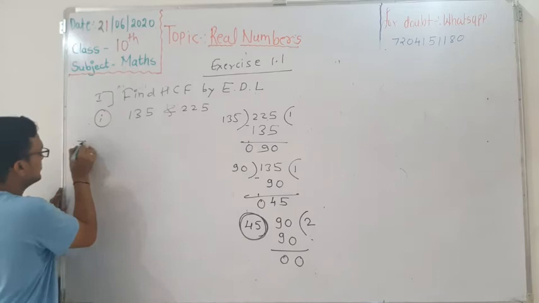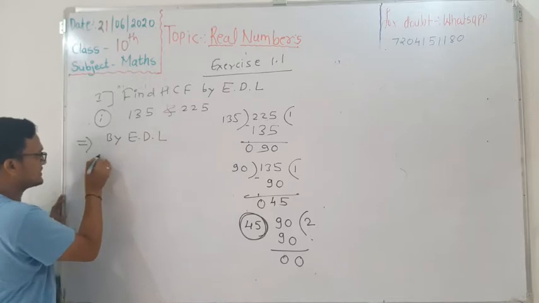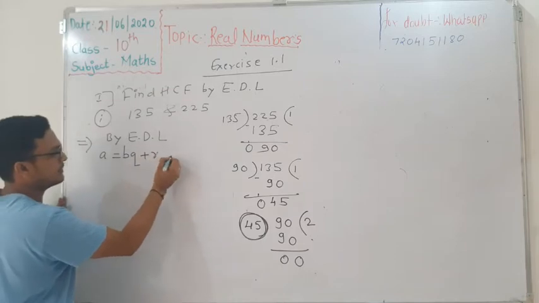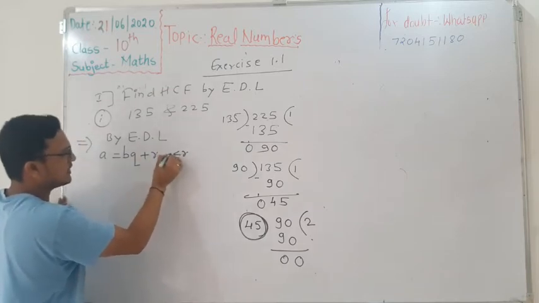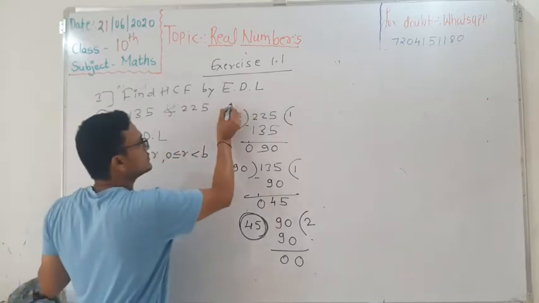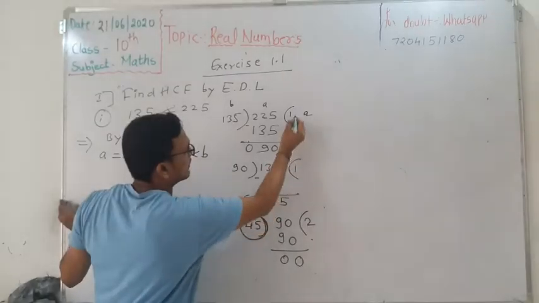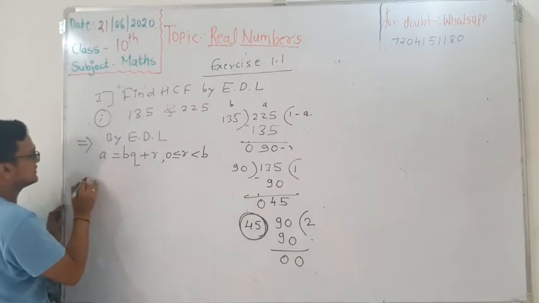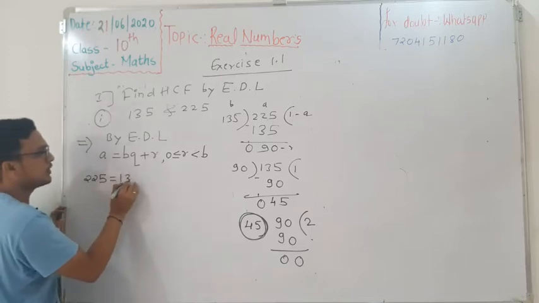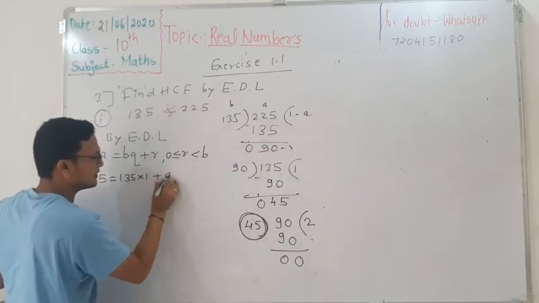So I will write that by Euclid division lemma, the statement is A equals BQ plus R, where R is greater than or equal to 0 and less than B. Here this is your B, this is your Q, and this is R. Write the statement: 225 equals 135 into 1 plus remainder 90.